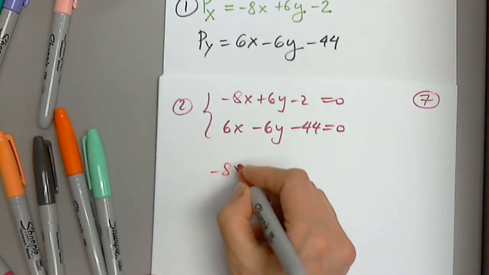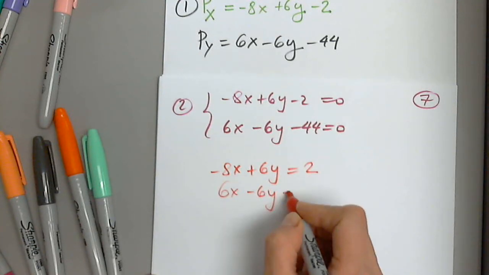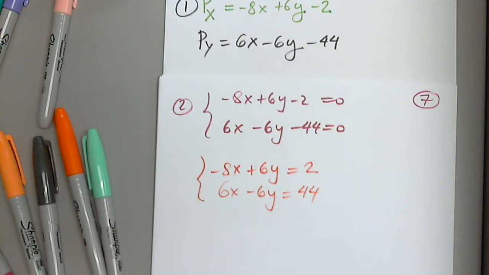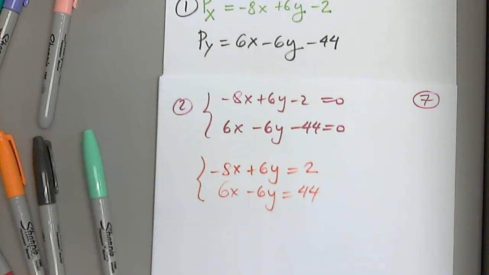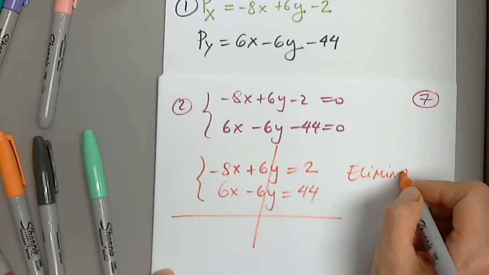Negative 8x plus 6y equals 2. 6x minus 6y equals 44. Do you recommend any particular method right here, right now? The method of elimination.